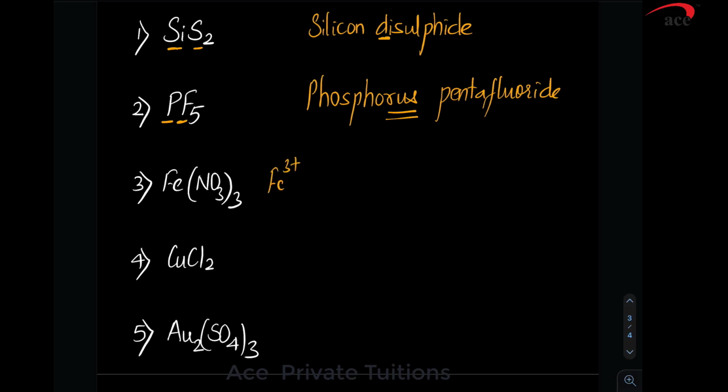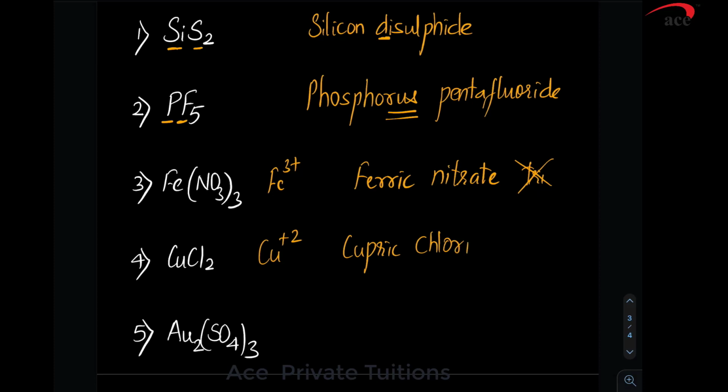This one involves Fe with plus 3 charge. Because it involves Fe with plus 3 charge, it gets the name ferric nitrate, and we don't use the word tri because it is a compound containing a metal. Here copper is plus 2. Because copper is plus 2, it gets the name cupric chloride.